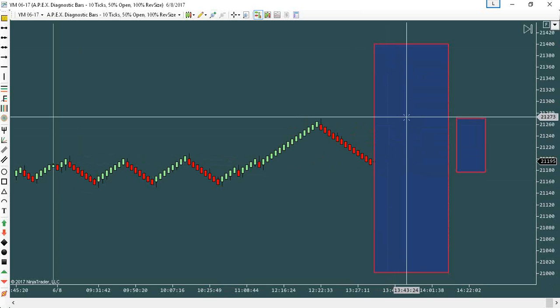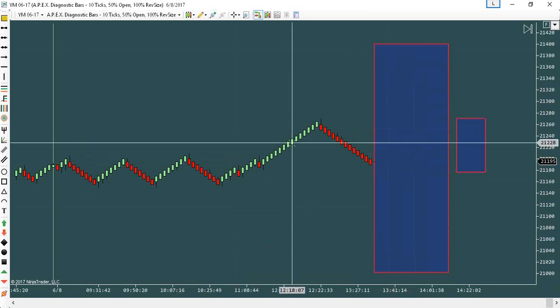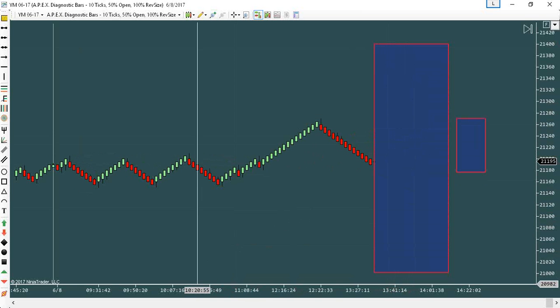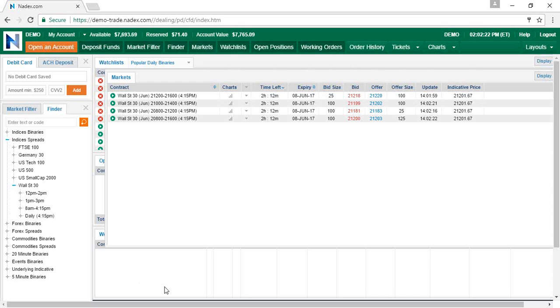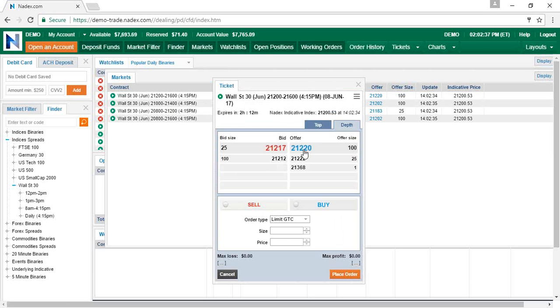Now, let's say that I'm expecting a big, huge move in the market. Like I'm expecting the market to go up. I'm not expecting just a 20, 25 tick move. I'm expecting the market to go up a lot, like 60, 70 points. Well, then maybe I might want to look at this spread. Okay, the market's at 200, I'm buying in at 220.